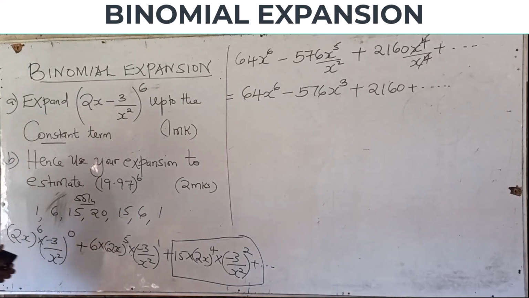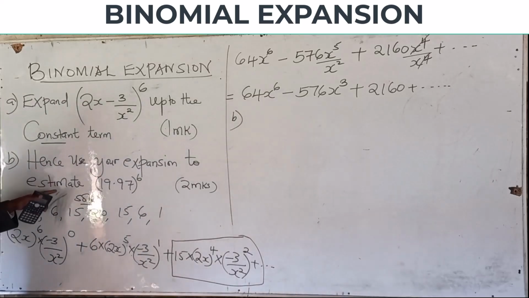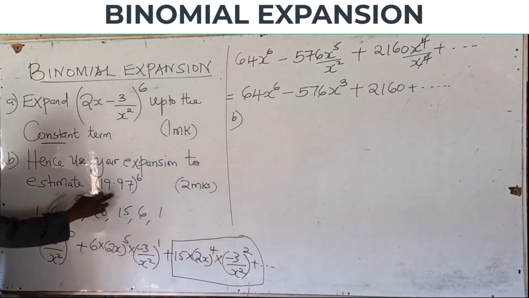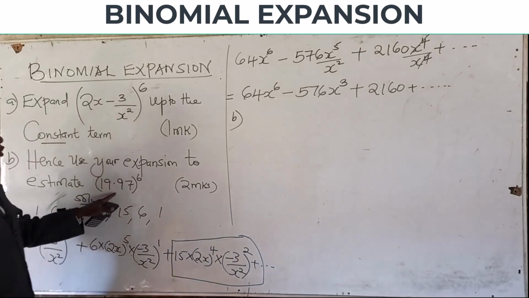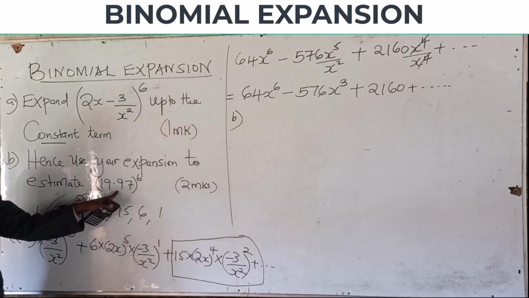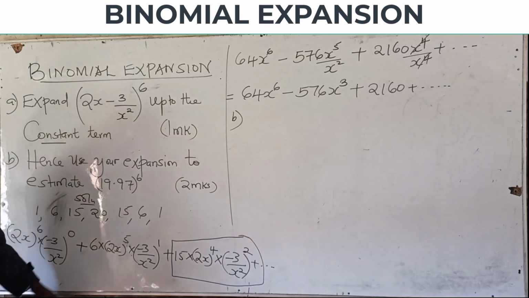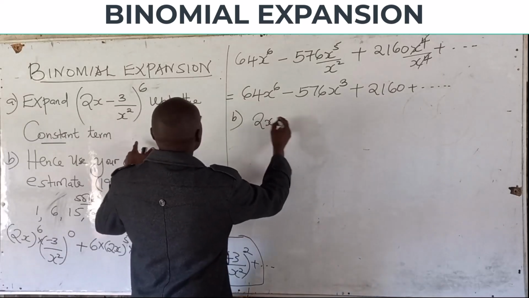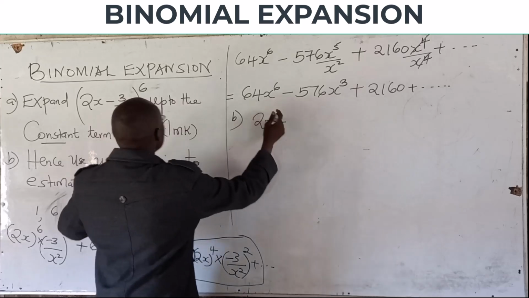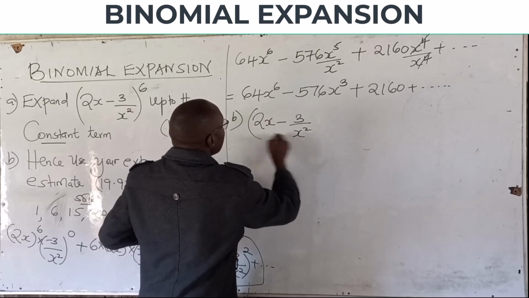Now we go to part B. For part B, use your expansion to estimate these. Now this is what you're going to do. We're going to split this one into 2, like the way we have it here. So we shall have 2x subtract, this is x squared, raised to power 6.